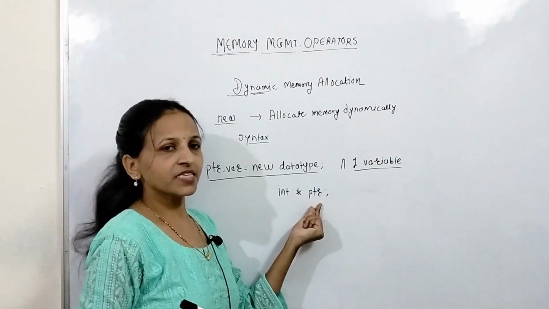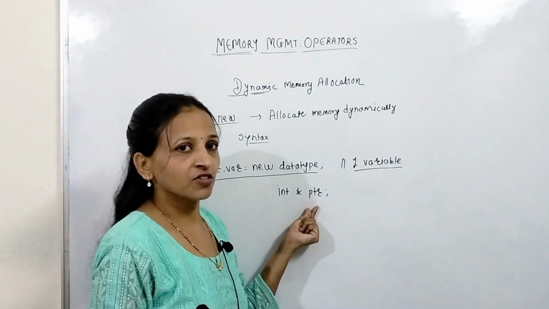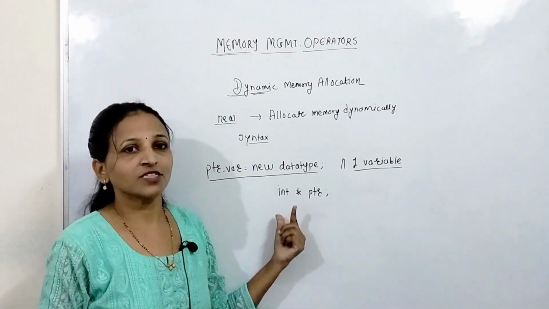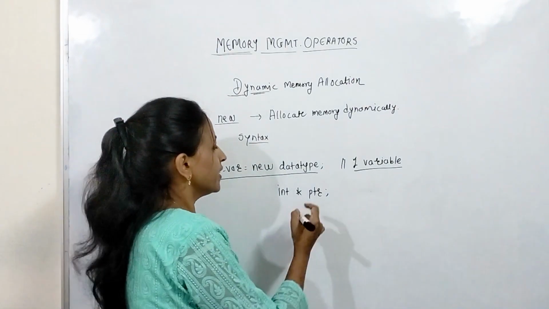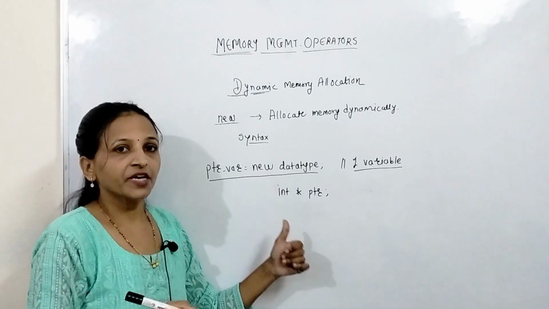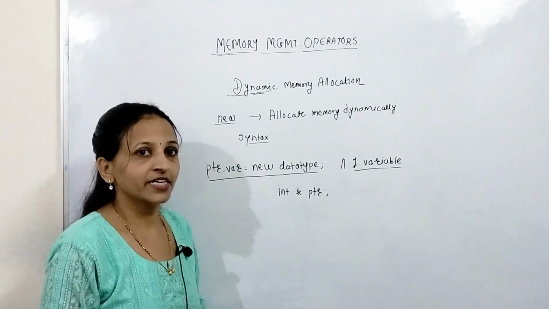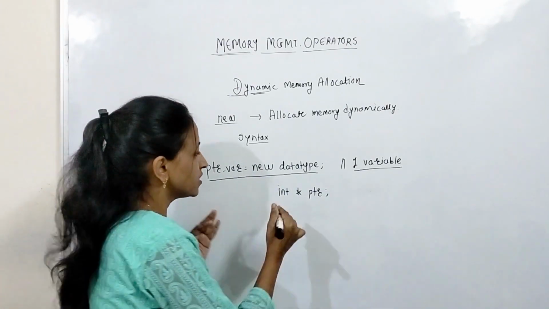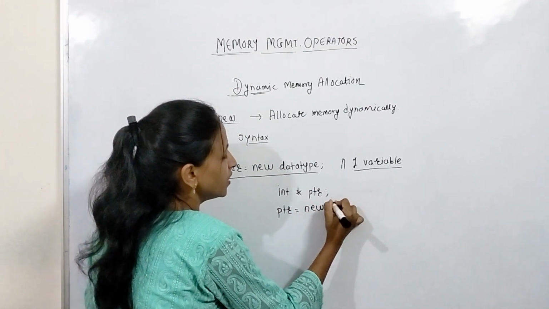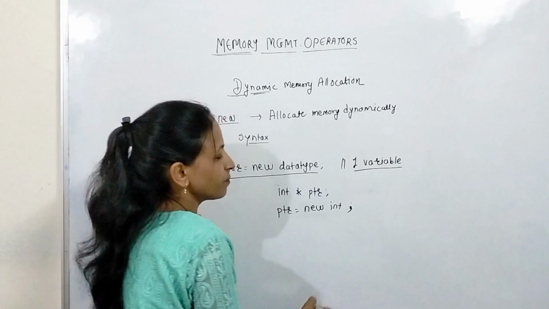It is not compulsory to use the word ptr. You can use any variable name here, but it is better to use ptr because it is a pointer variable. Now see how we can use this new operator to allocate space for one integer dynamically. We have to write like this: ptr equals new int, and give a semicolon.